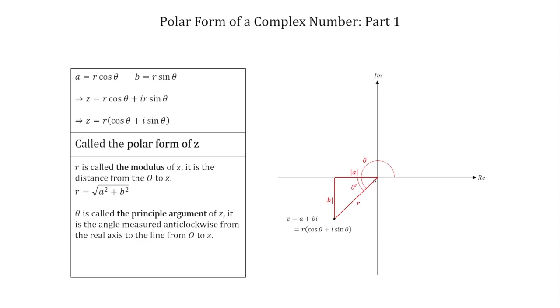They give you the absolute value of A and the absolute value of B, but we want negative numbers. We want to get A and B, and A and B are both negative. Well, if we add pi to theta prime, then we will get the negatives of what we got if we just did cos and sine of theta prime. Because if you take cos of a number and then you shift that number by pi, you get the negative of the answer, and the same for sine.